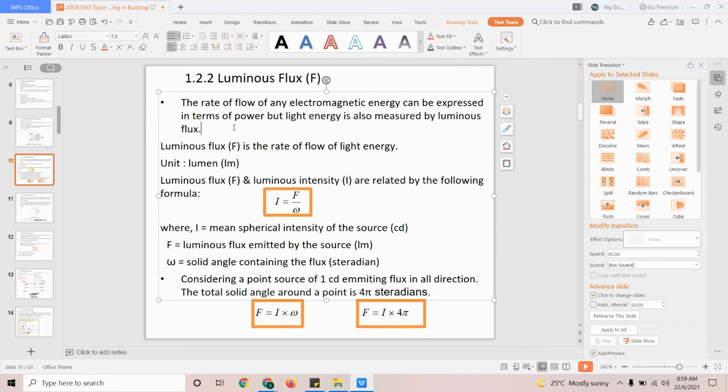Light is a form of energy. As it travels, if it is not powered, it will lose its power along the way. So this formula has come out to theorize that.